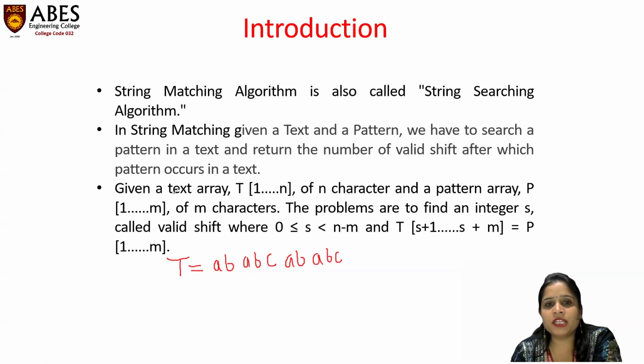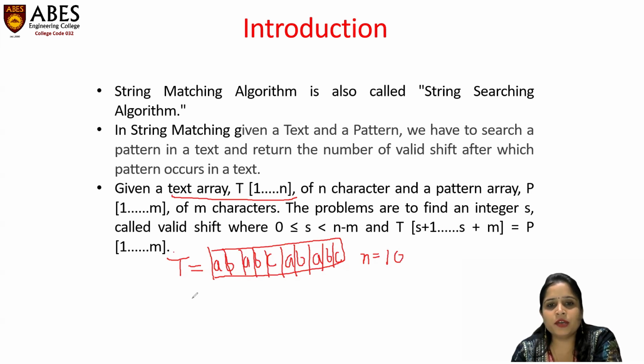We are given a text array represented by 1 to n, where n represents the number of characters in the text string. Here, what is the value of n? 1, 2, 3, 4, 5, 6, 7, 8, 9, 10. So n, the size of the text array, is 10.